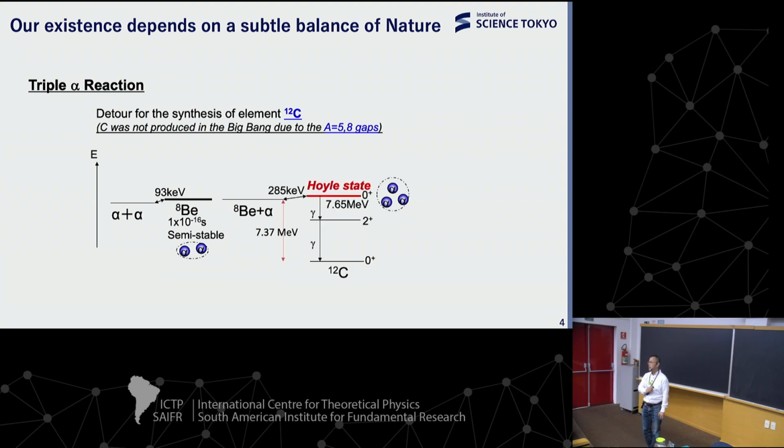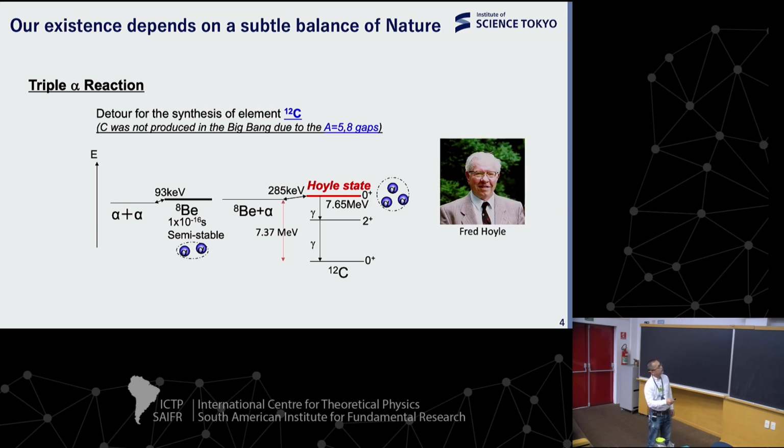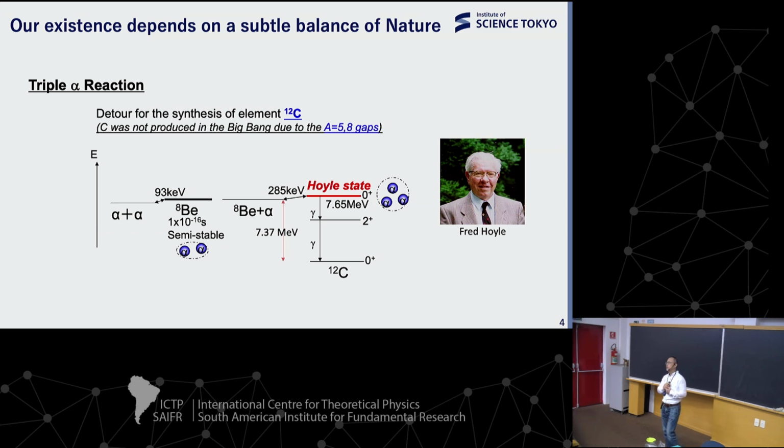That is now called the Hoyle state. So as Fred Hoyle predicted, this state was found just after his prediction. So now we know that beryllium-8 plus alpha goes into this Hoyle state, and with some minor probability, it goes to the ground state of carbon-12. So that's why we exist.